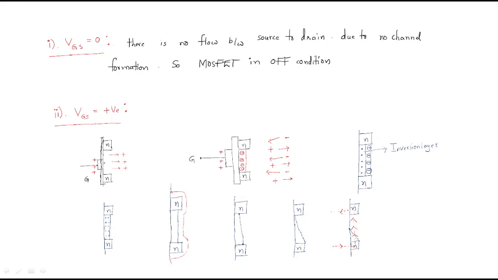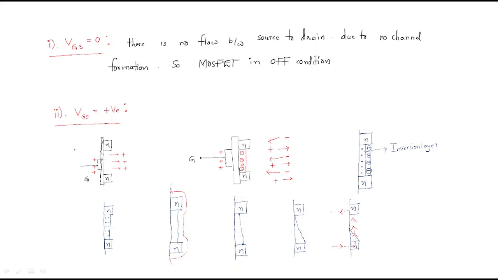These positive ions repulse the positive ions between the source and the drain. Automatically some positive ions will move out from between the source and the drain. This is the first condition.